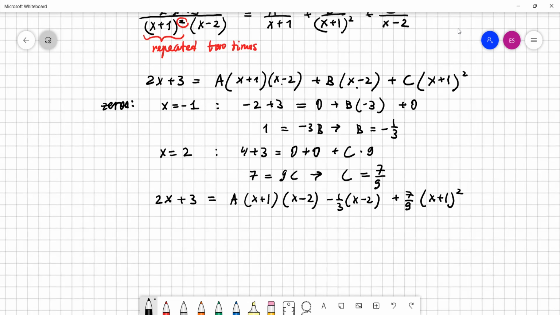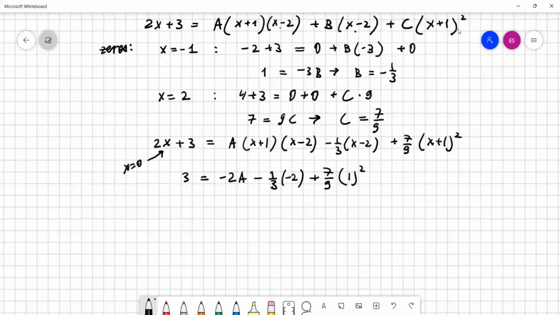I can plug in any x here, and it's still supposed to work, right? I'm going to plug in x equals 0. So here I'm going to have 3. x equals 0 here is going to give me 1 times minus 2. So it's minus 2a minus 1 over 3, 0 is going to give me minus 2, and plus 7 over 9, and 0 is going to give me just 1 squared.